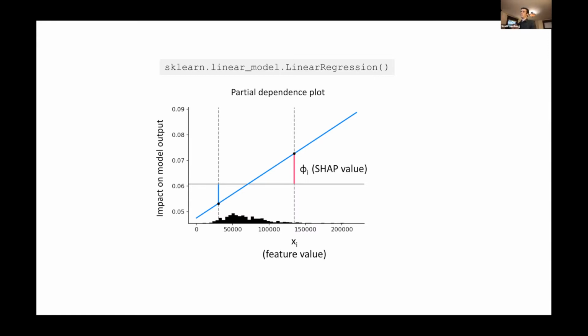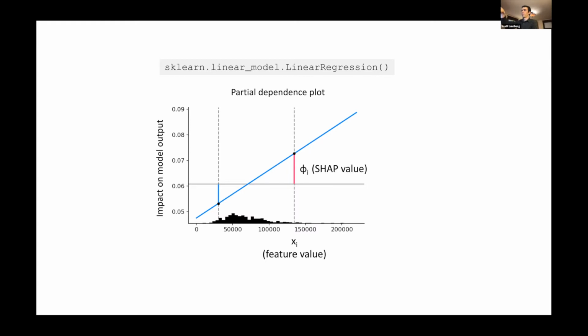But in this case, to maintain a very close connection with the partial dependence plot, we're just going to use the training data set. The histogram shown on the bottom is the histogram of training samples, and I think this is annual income for someone. You can see that the model output goes up as the income goes up. What we can do is take the average impact on the model. This impact on the model output here is really the model's output.